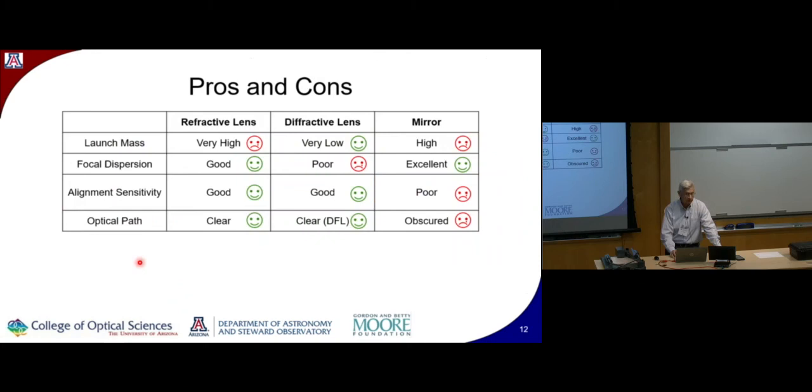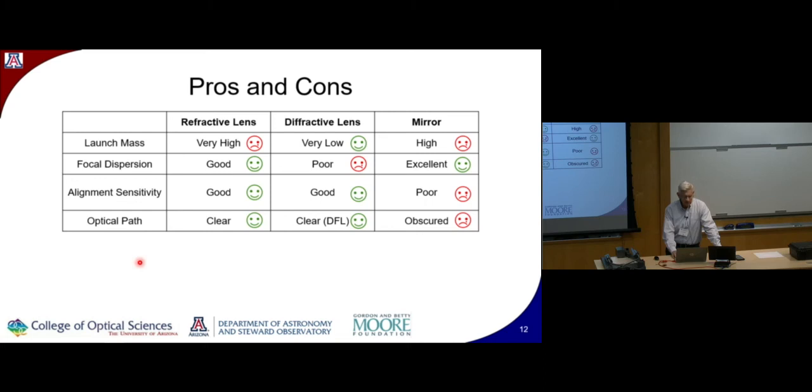Okay, let's look at some pros and cons. Refractive lens, diffractive lens, and mirrors. Launch mass: refractive lens, very high. Diffractive lens, very low. Mirror, very high. You've got to have a very stable substrate and all sorts of things in the back of it. Focal dispersion: refractive lens, pretty good. Diffractive lens, not good, okay? Mirror, excellent.